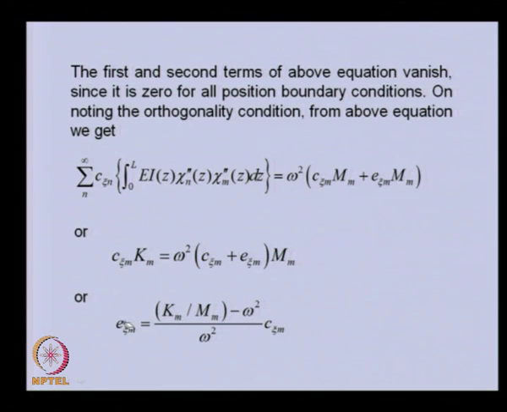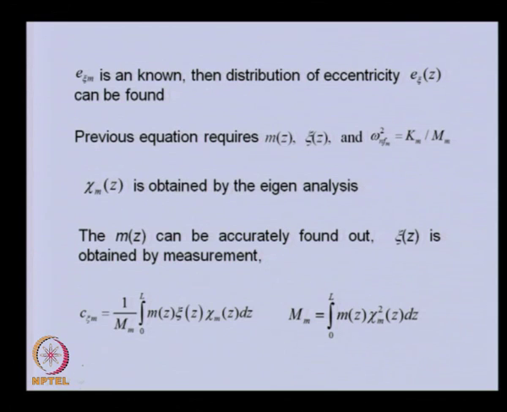So once we know this eccentricity, we can get how the eccentricity will be varying along the length of the shaft. This distribution will be known because we expressed this eccentricity variation earlier in terms of the eigenfunction and these constants. For calculating the constant C, we require these terms.